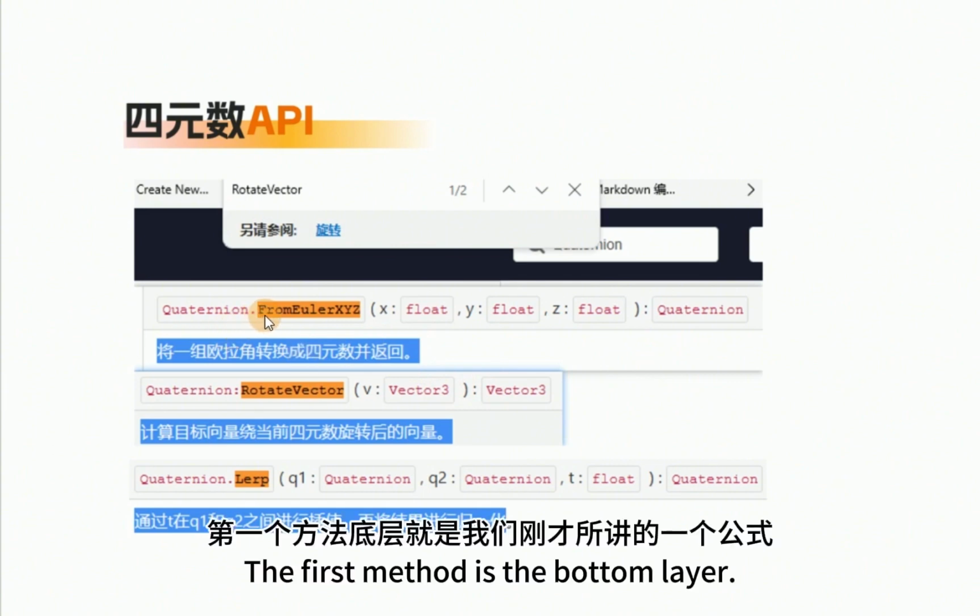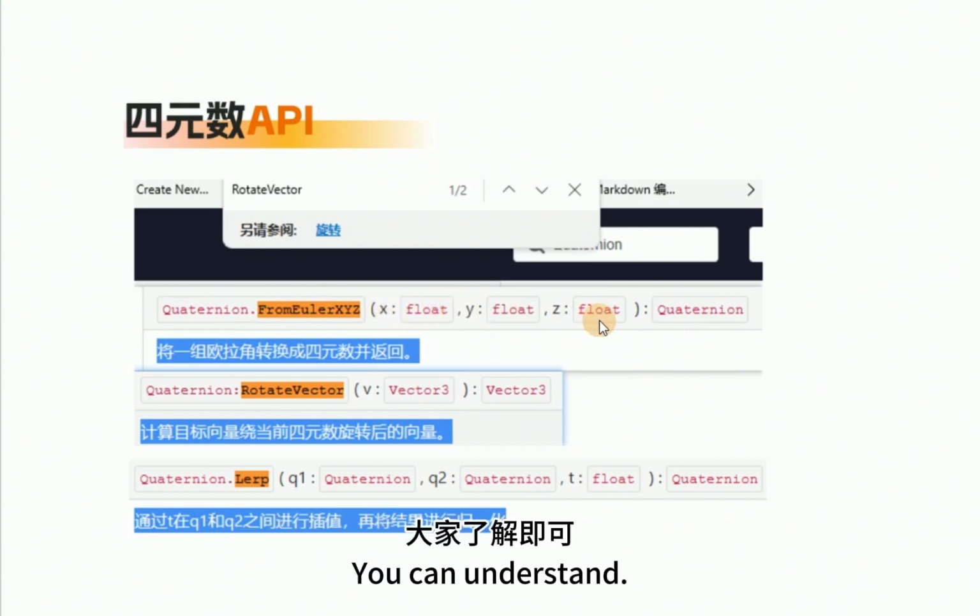The first method's underlying layer is a formula we just talked about. You can understand it.